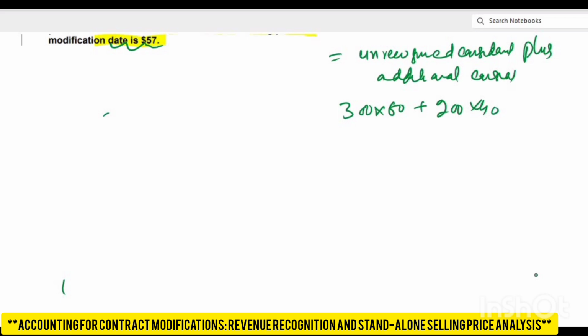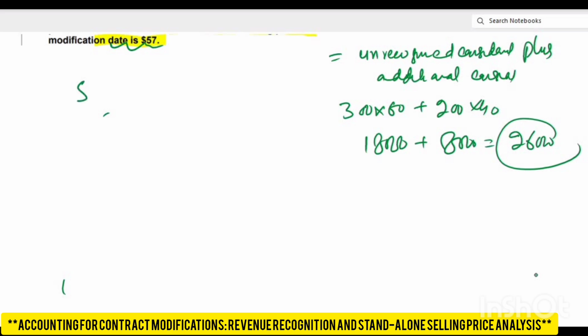So this is the 40. Now if you multiply this, you will get 18,000 plus 8,000. So the amount will be 26,000. Now the new transaction price applies to the 500 products. This 500 includes 300 from the original and 200 from the new contract.